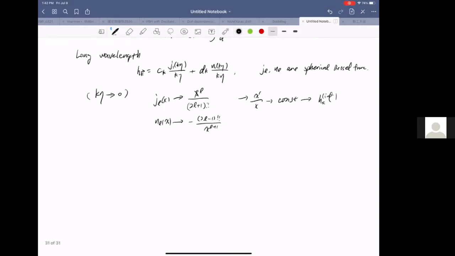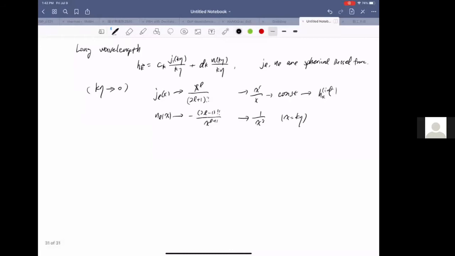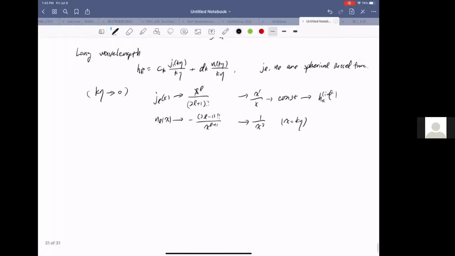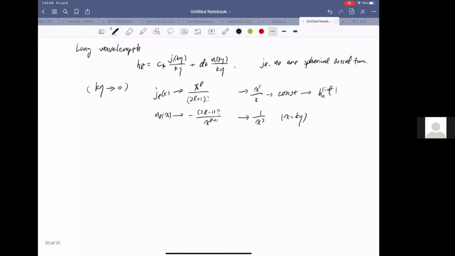And the other one is not quite good, and it will decay as x to the cube. X is k eta, so it will just rapidly decay inside the horizon. So just forget about that.